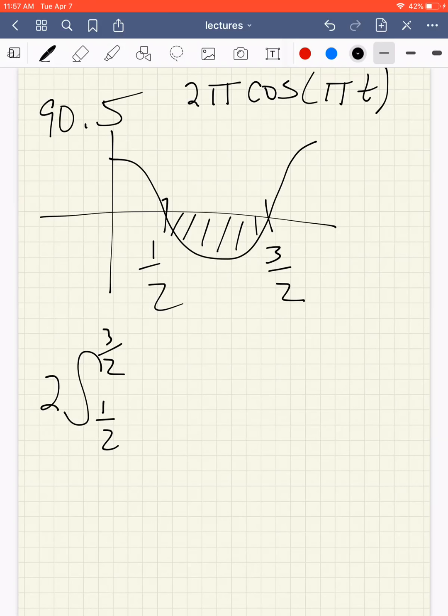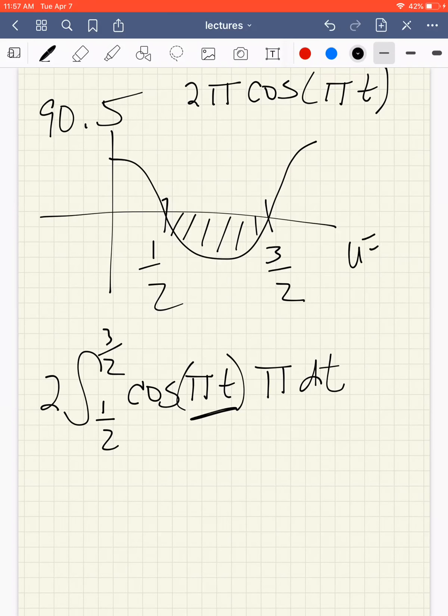And then we have cosine of pi t, and then I'm going to leave that extra pi in there, dt. Anybody have any idea why we'd want to leave that pi in there? Because remember, this is not just cosine of x. So you can mentally say u is equal to pi t, and du is going to be equal to pi dt. Well, it's right here. Okay, so we don't have to multiply or divide by anything.